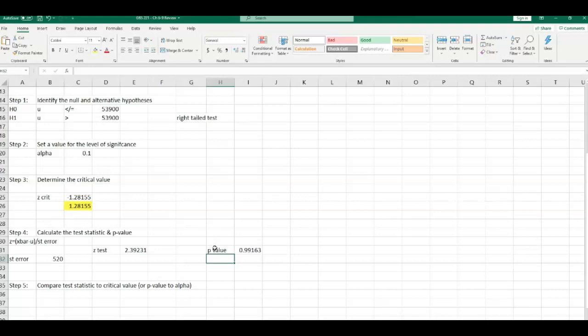That's the probability that it will be less than that test statistic. However, this is a right-tailed test. So we are going to want to know the area to the right of this test statistic z-score. So we will take 1 minus this 0.99, and we now have this 0.008, and that is our p-value.